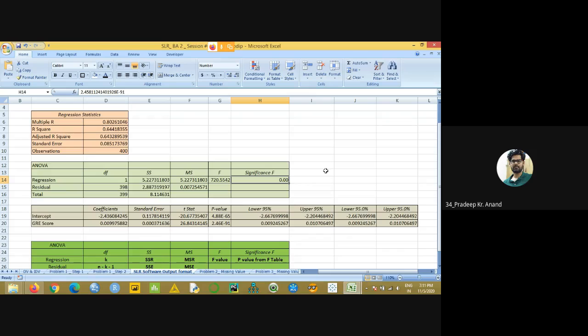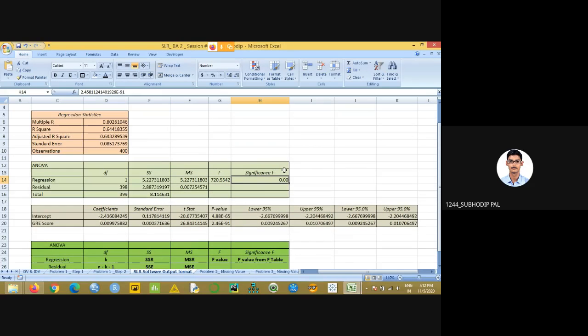It should be less than alpha; then the model is significant. Here I have taken GRE score as the independent variable and chances of admission as my dependent variable, and the model is significant if the value is less than 0.05, or 0.01. Generally, we take a 95% confidence interval, so the alpha value will be 0.05.